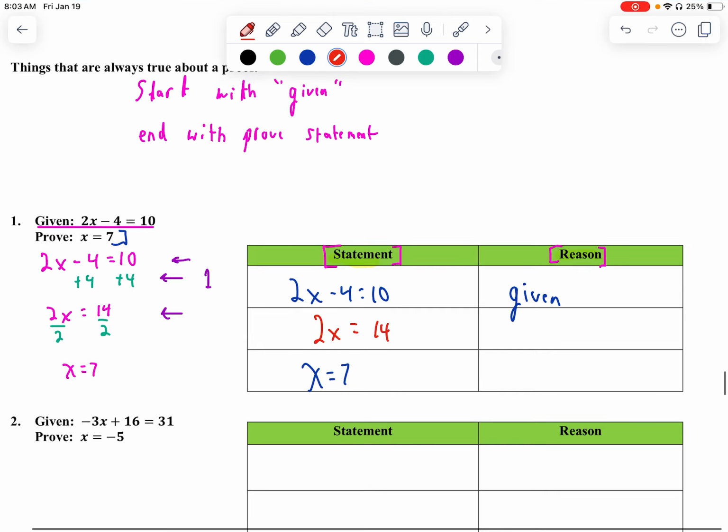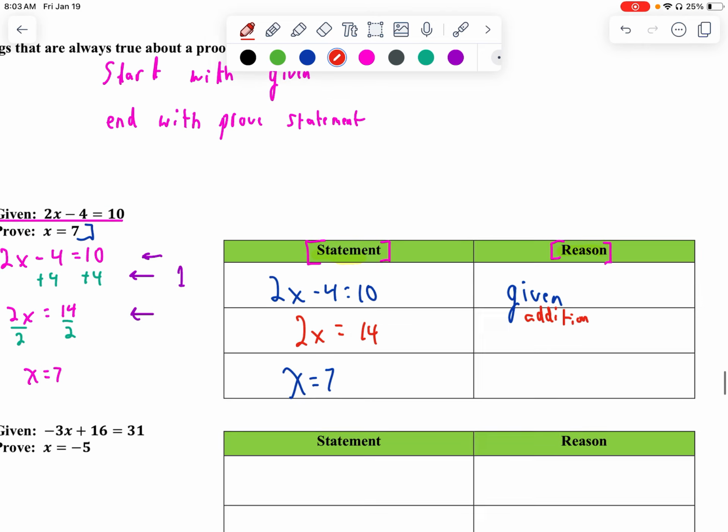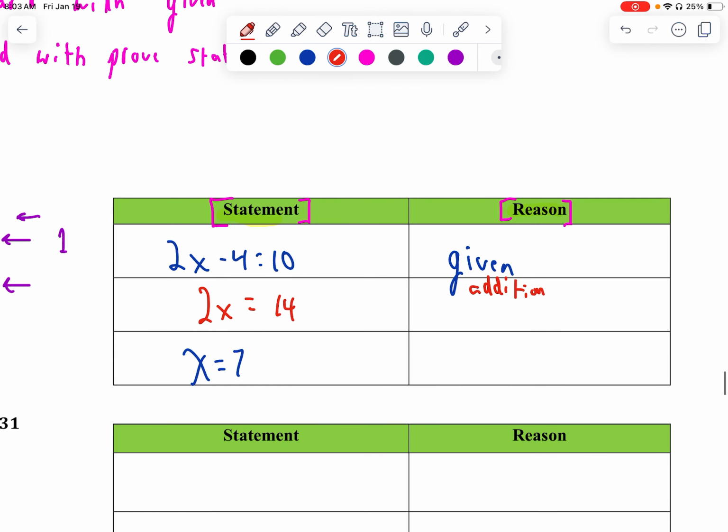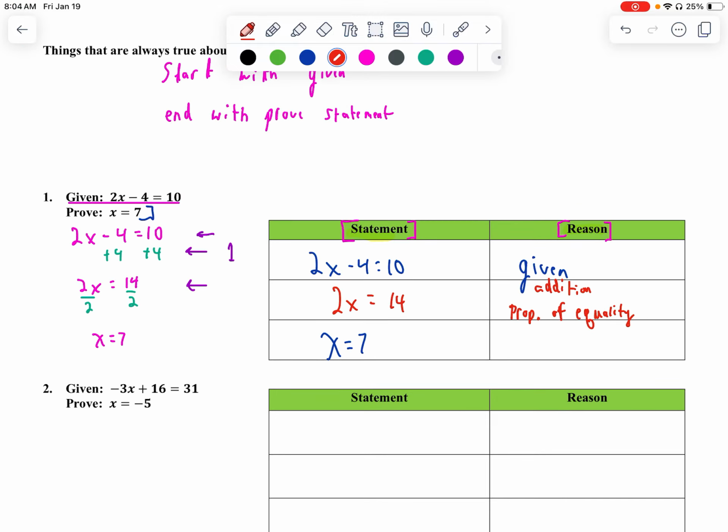And we got there through addition. We don't just want to say adding or addition, though. We want to use those properties that we learned about. So I'm going to say the addition property of equality. The addition property of equality.